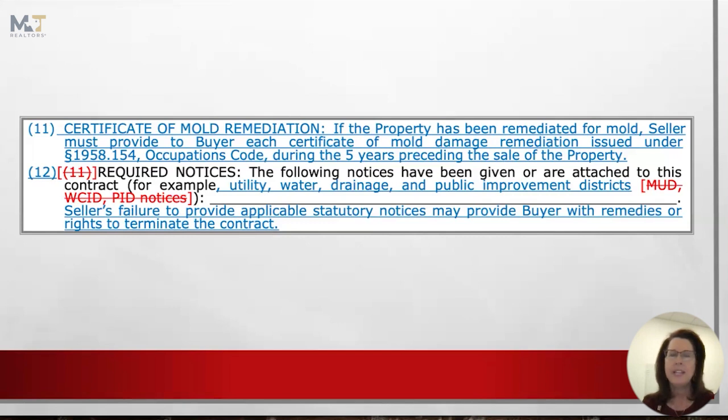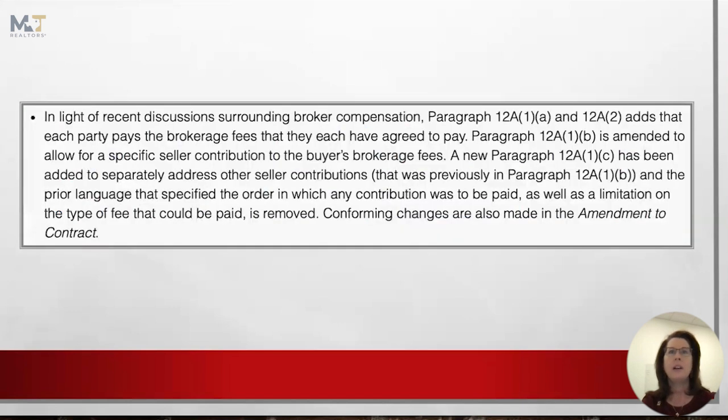They've removed that because a consumer doesn't understand what that is normally. So we're trying to make it a little easier for them to understand what it is we're asking for. And then it also states seller's failure to provide the applicable statutory notice may provide buyer with remedies or rights to terminate that contract. So again, these are added into the promulgated contract that exchanges the property from one person to another. So we have to make sure we're protecting our clients, both on either side.